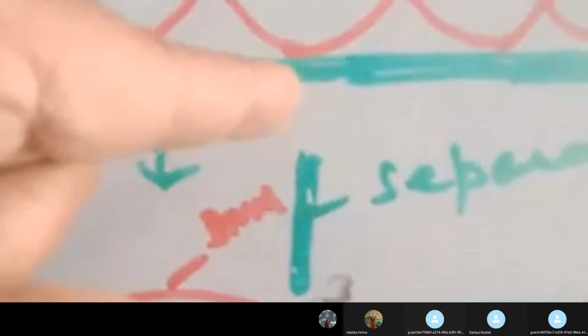And this polyion not only removes this histone protein, but it also makes a complex with this removed histone protein, so that it cannot again get associated with the part of the DNA while the transcription is going on.